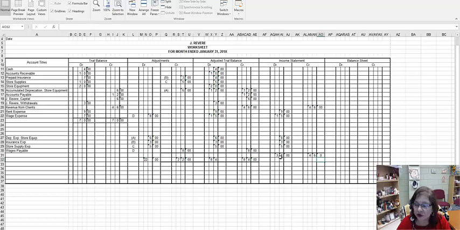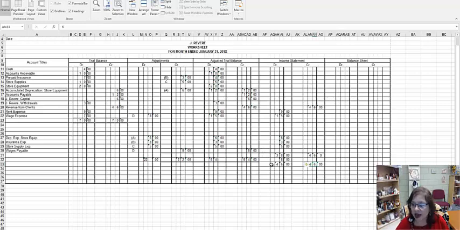Now, you subtract your $38 from your $46, and guess what? You end up with a net income of $8. Okay? And then when you add the 38 plus the 8, you end up having $46 again. So that shows how you are balancing out your equation of 46 on either side.